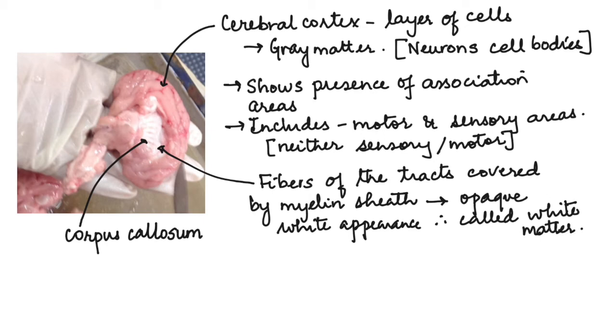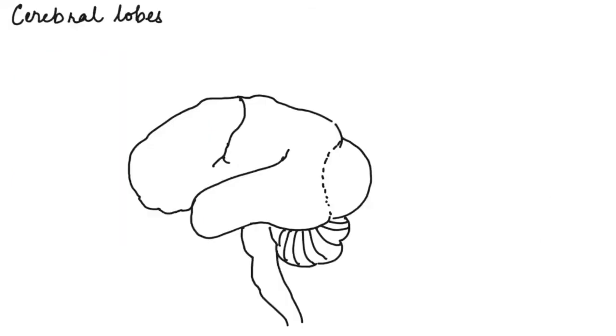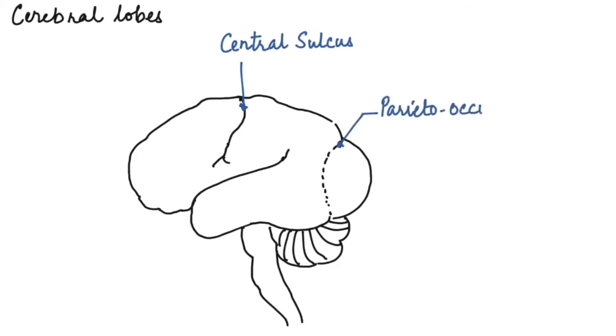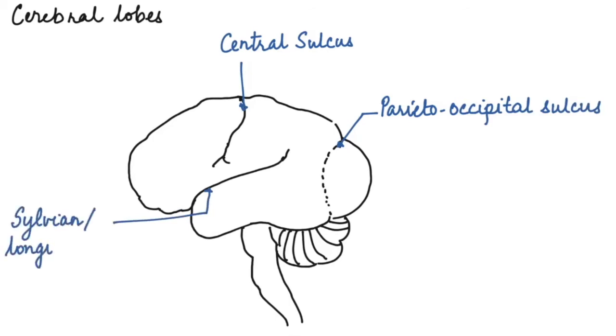Let's now see the parts of the cerebrum. The cerebrum is demarcated into four different regions. These are also called the cerebral lobes. These demarcations are formed by different fissures, which are the central sulcus, the parieto-occipital sulcus, and the sylvian fissure, that is also called the longitudinal fissure.